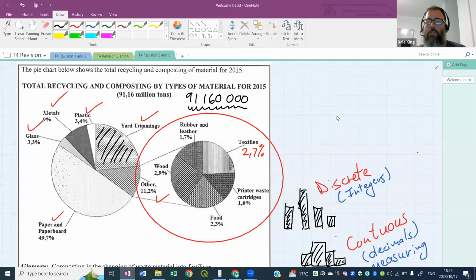All right, I'll tell you what, we're going to save this question for Thursday. 0.8 as a decimal. We'll start Thursday's lesson with this question. Just think about it.